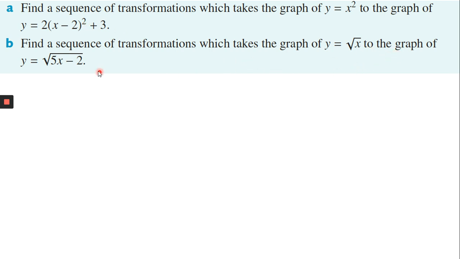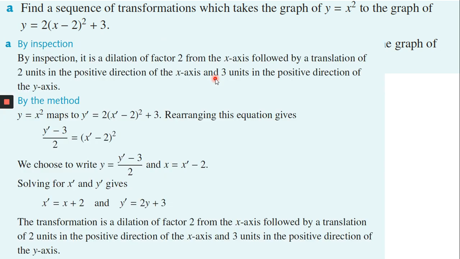Okay, so we just got to work out what happened to get the graph from one to the other. So by inspection basically means, oh, this is too easy, I can just look at that and I can see what the answer is. So by inspection, we can see it's a factor 2 from the x-axis, followed by a translation of 2 units in the positive direction of the x-axis. Remember, we have to change the sign when we're doing our left and right ones, and 3 units in the positive direction of the y-axis.